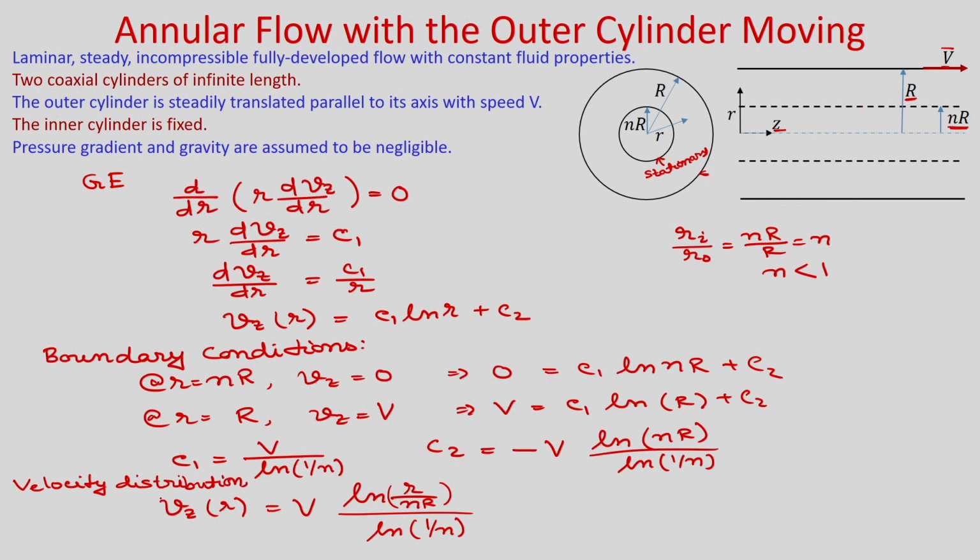How will the velocity profile look? It is a purely shear driven flow, velocity is 0 here, and you have velocity v at the outer cylinder. This is vz, which is a function of r.